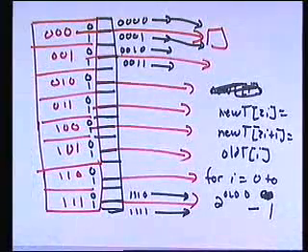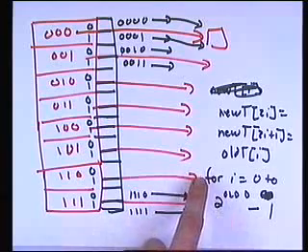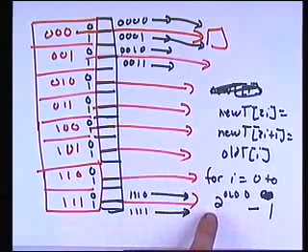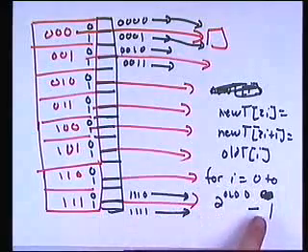The old d was 3, 2 to the old d is 8, 8 minus 1 is 7. So for i equals 0 to 7, or for i equals 0 to the old size minus 1.